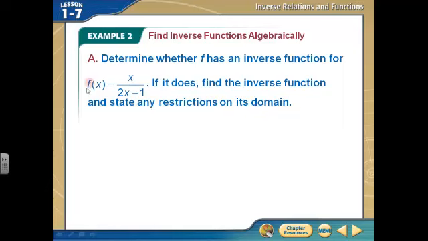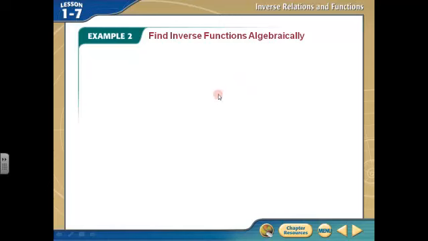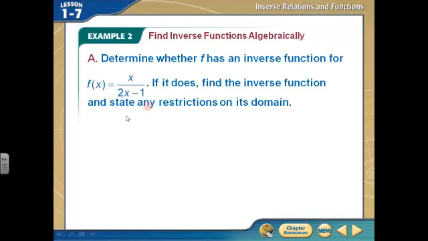So the first thing you're going to do is check to see if this passes the horizontal line test. Here's the function. You can see that no matter what horizontal line I draw, it will only cross at a maximum of one time. It won't cross more than once, therefore the inverse does exist. So, therefore, I need to find the inverse.